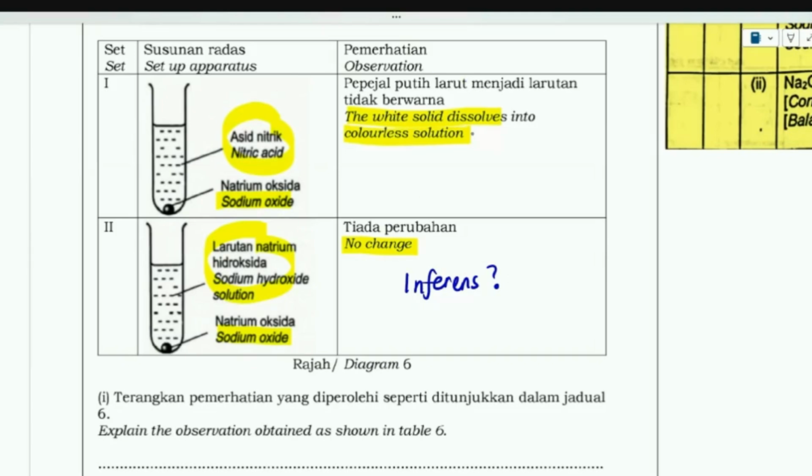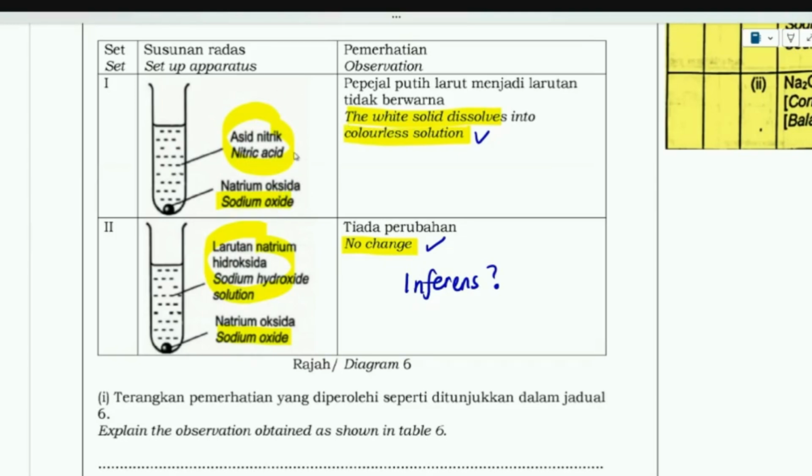This one dissolves, this one no change. Okay. What can you write for this inference, class? Anyone know? For this one, it dissolves, meaning that there is a reaction or not?